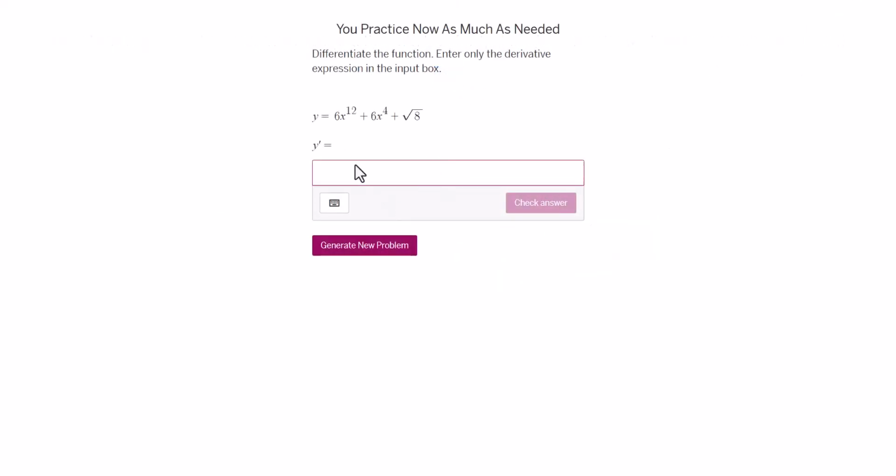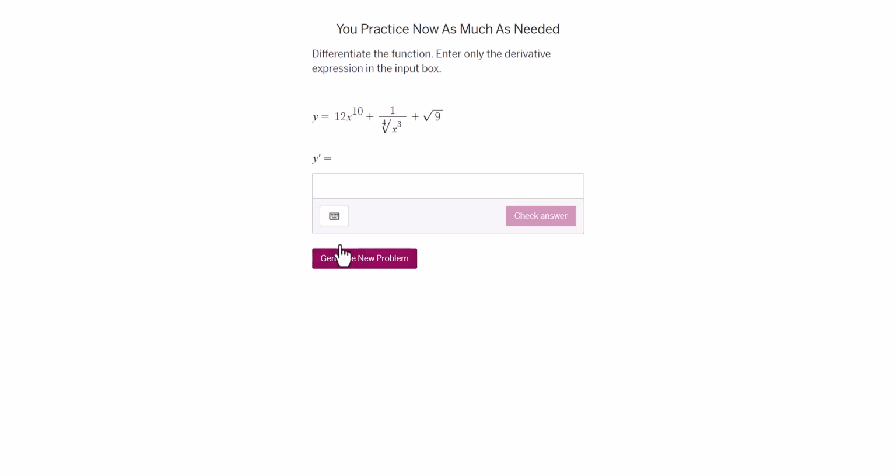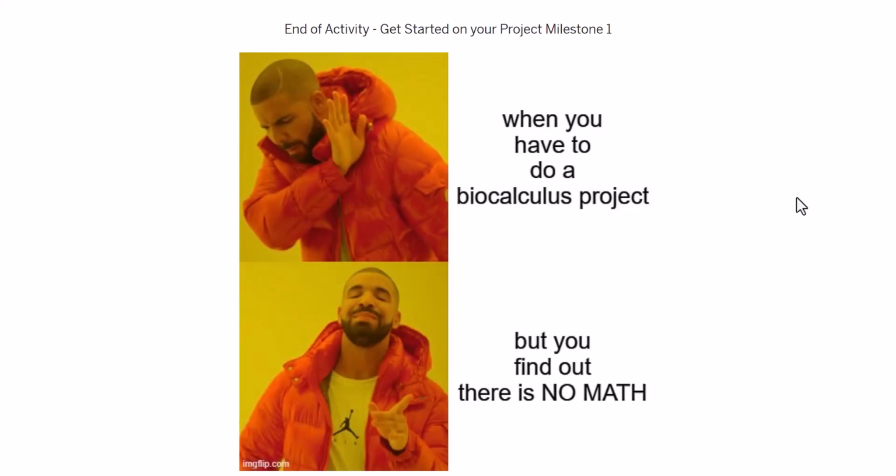This slide is simply a way to let you go through and practice. If I click, 72x to the 11th plus 24x to the 3rd, check my answer. The constant just went away. You can generate problems and sit here and practice, because students always say, I wish I had more practice.